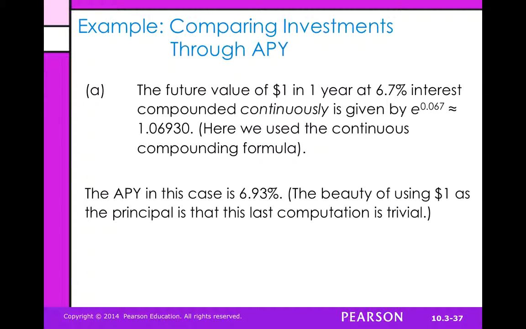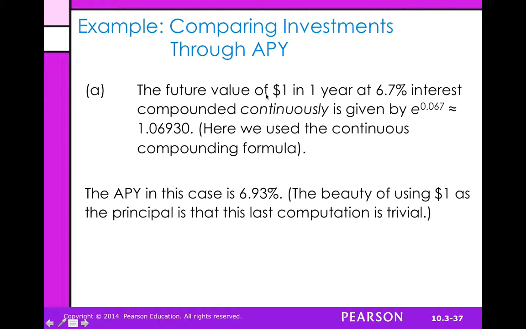Okay, so let's compute the APY. The future value of $1 in 1 year at 6.7% interest compounded continuously by our previous formula is given by this: e raised to the interest rate, which is 1.06930. So notice that the profit I got was 0.06930.